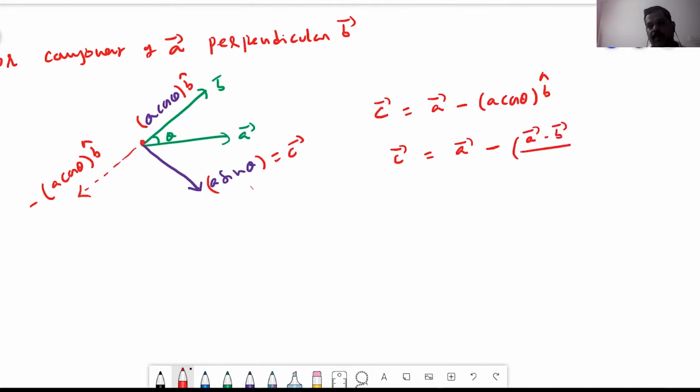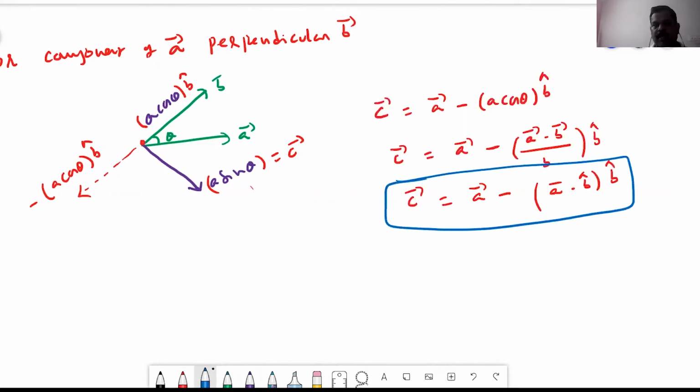A bar dot B bar by B times B cap. So C bar is equal to A bar minus A bar dot B cap times B cap. This is a very important thing. This is the vector component of A bar perpendicular to B bar, and this A cos theta B cap is the vector component of A bar parallel to B bar.